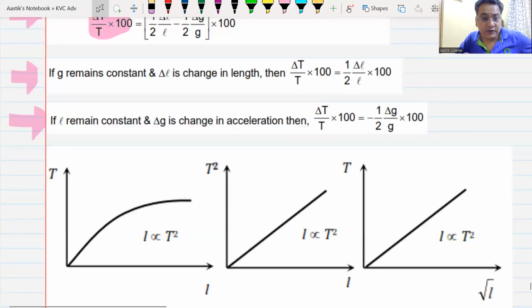The graphs of time period versus length, length versus time square, root of length versus time period. They can give you any graph just to confuse you. Remember, time period is directly proportional to root over length, and hence we have all these graphs. This is time period.